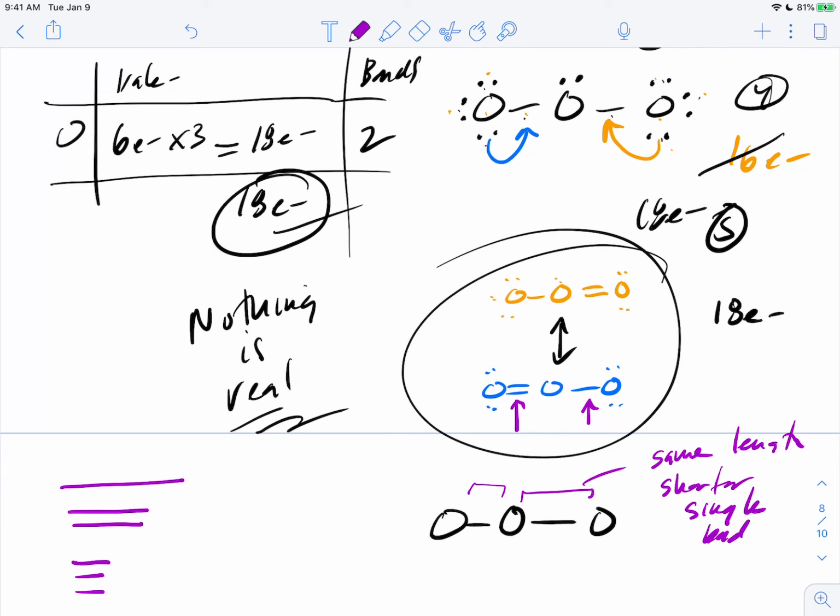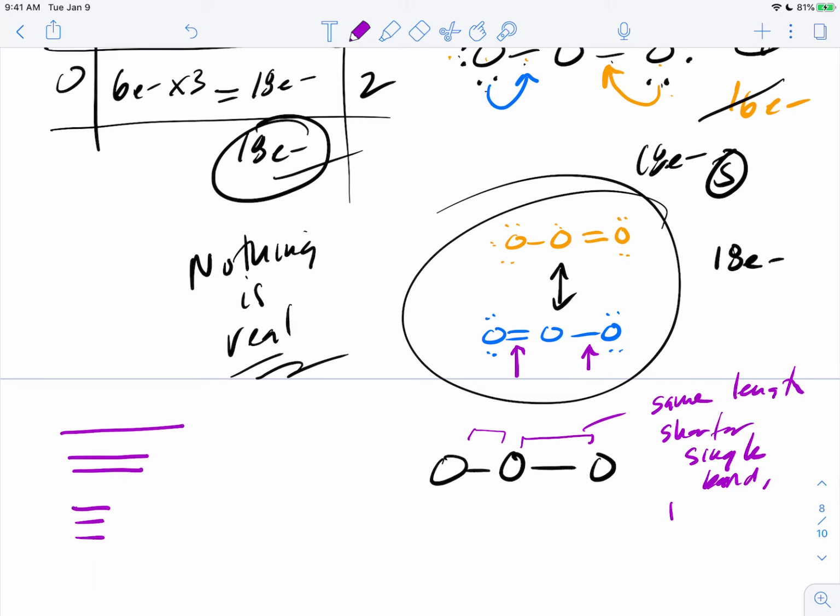Oh, single bond. But longer than a double bond.